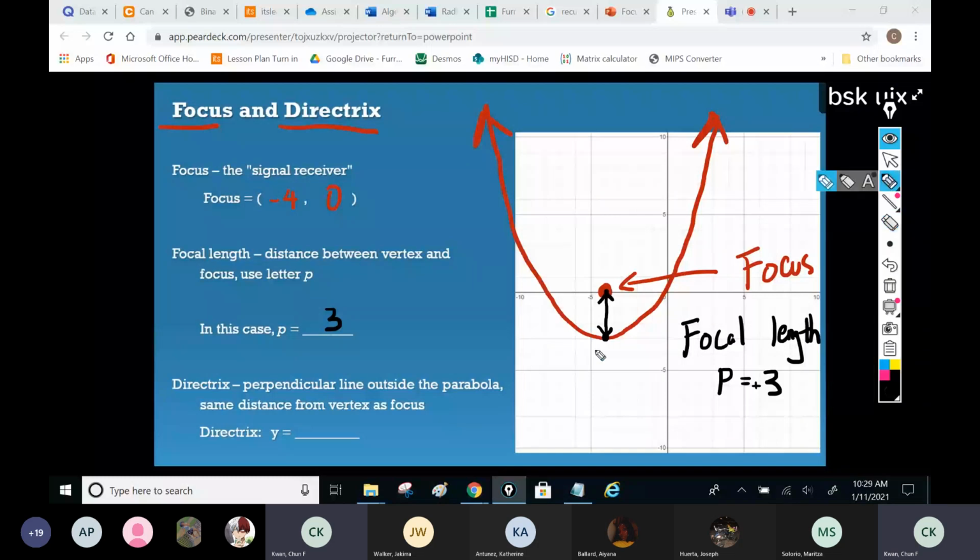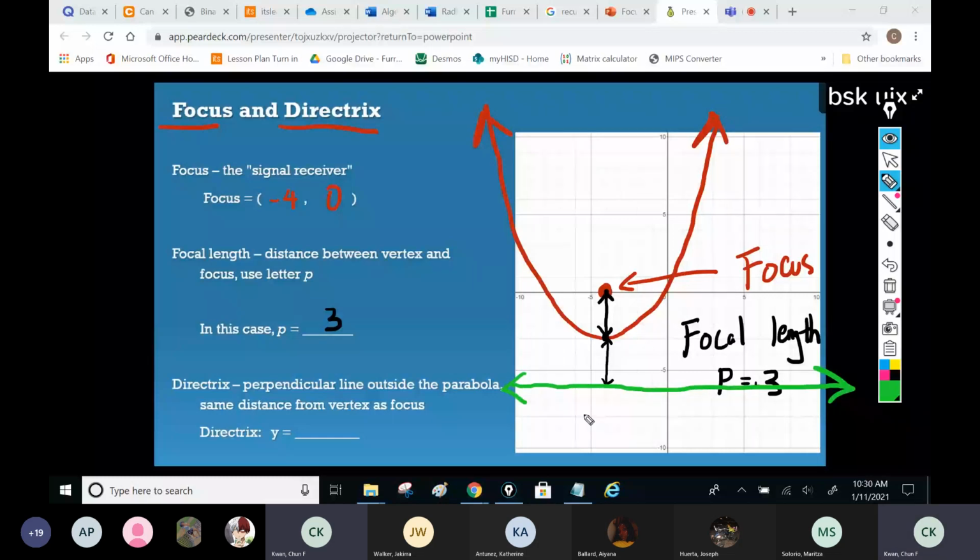Now I'm going to carry the focal length right here. I'm going to do the same thing and go down 3 units. So the focal length from the focus to the vertex, I'm going to do the same focal length, but this time I'm going to go outside of the curve by 3 units. I'm going to go outside right here, and then I'm going to draw a line that is perpendicular to the graph like this.